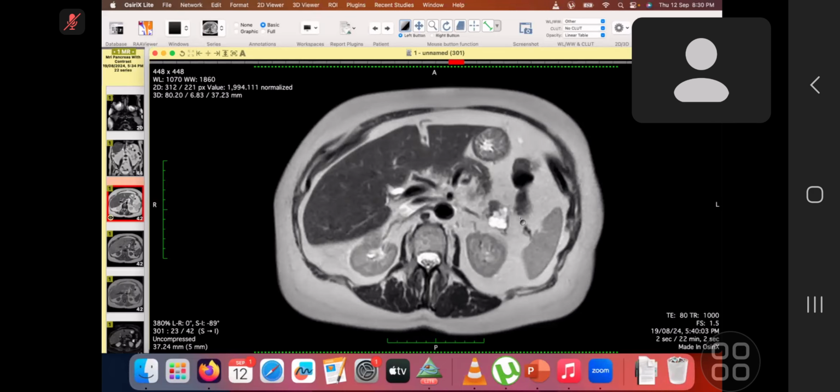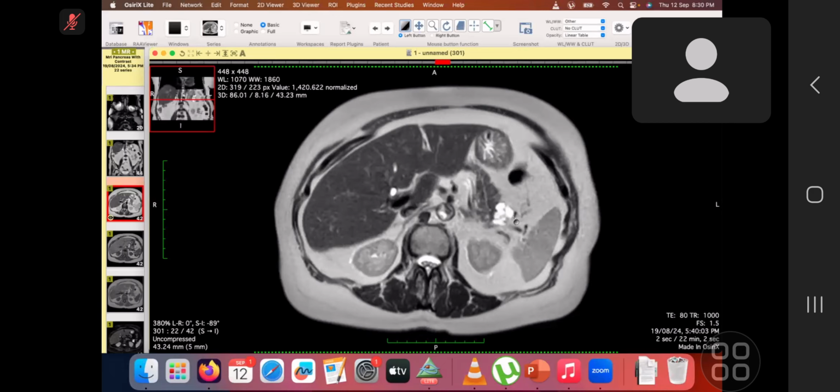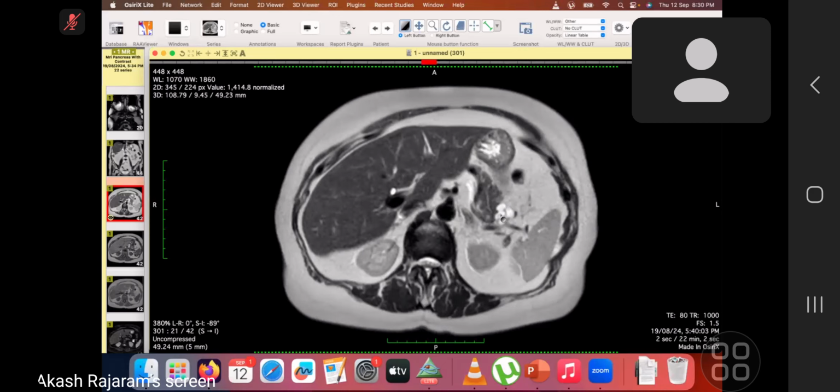So my differential diagnosis will change a little, maybe representing serous cystadenoma, because this looks so small.